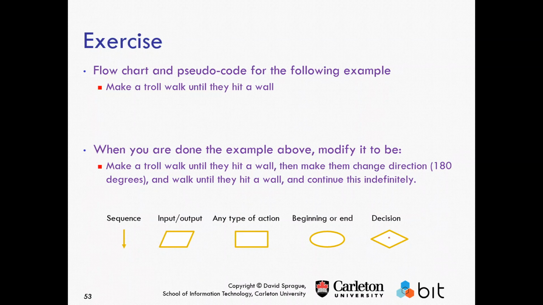Make at least one, but hopefully two different examples. The troll walking towards the wall and stopping when it gets to the wall, and one where the troll keeps on walking back and forth between two walls. You're assuming there are two walls at least. I'm hoping that you start realizing there might be edge cases along the way.